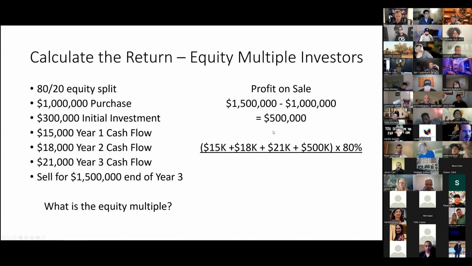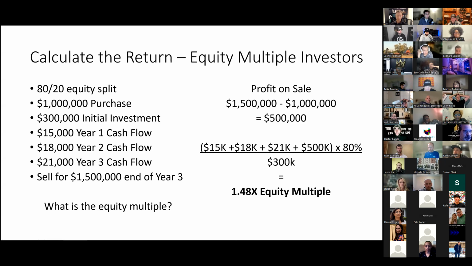So you added all the cash flows, all the profits, split it 80-20, divided by the total initial investment. And so you have a 1.48 equity multiple. Cha-ching, got it. Good job.